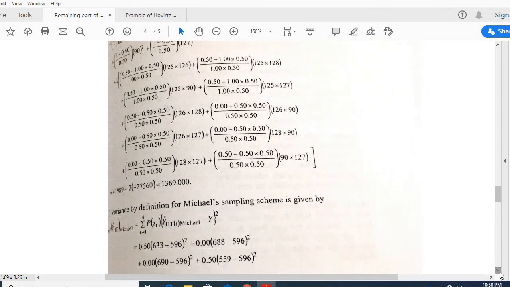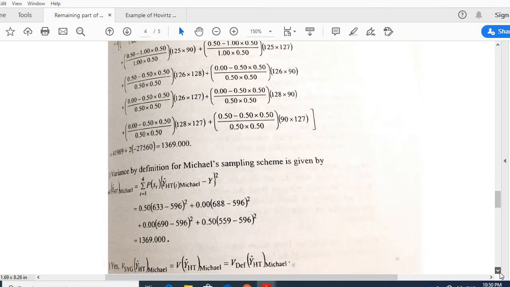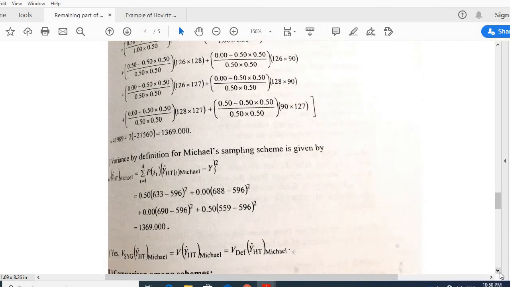This is the variance by definition, 1369. Therefore, the variance by SYG of Y hat HT using Michael sampling scheme, the usual formula, and the variance by definition: all three variances are equal.